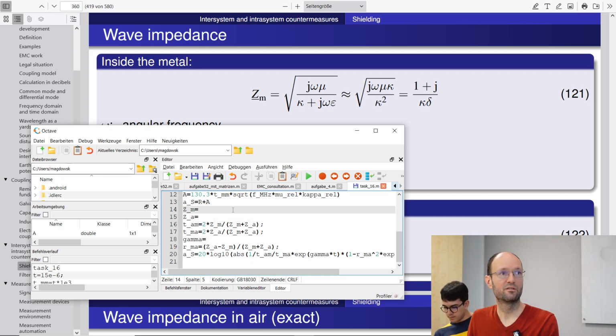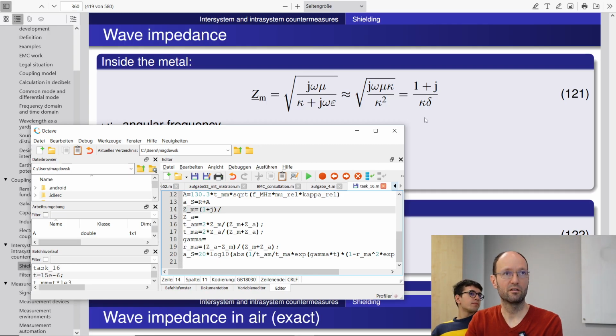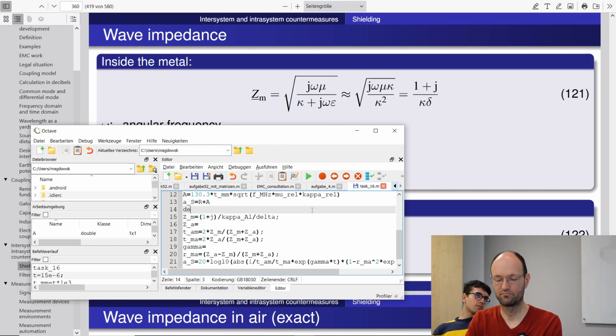So the wave impedance in metal, I will use this approximative formula there, is (1 + j) divided by kappa and divided by delta. For the kappa, I need, of course, to use the kappa of our aluminum. And we need to calculate delta.